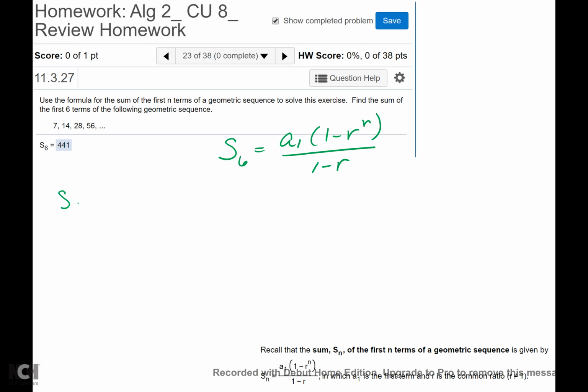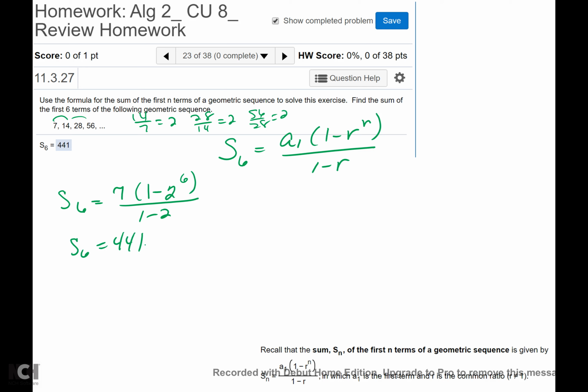So the sum of the first 6 will be the first, which is 7, 1 minus my common ratio, divide backwards, 14 divided by 7 is 2, 28 divided by 14 is 2, 56 divided by 28 is 2, my common ratio is 2 to the 6th over 1 minus 2. So again, if we type that, 1 minus 2 caret 6, enter, times 7, enter, divided by negative 1, enter, you get 441.